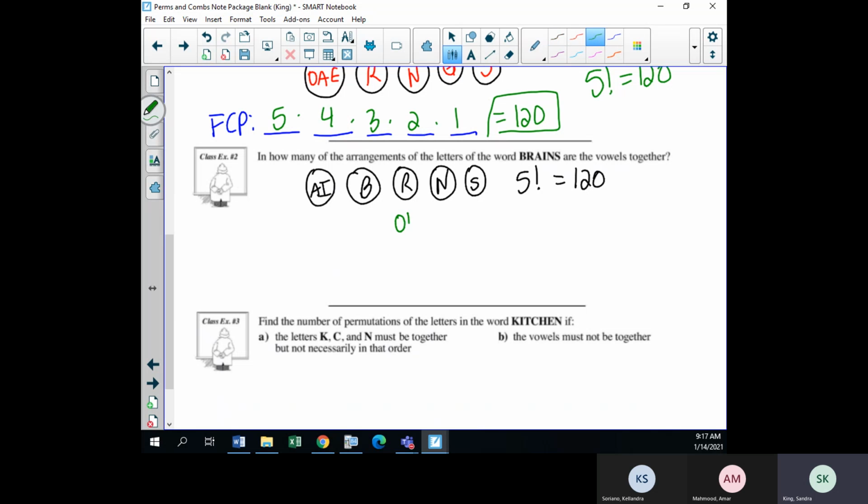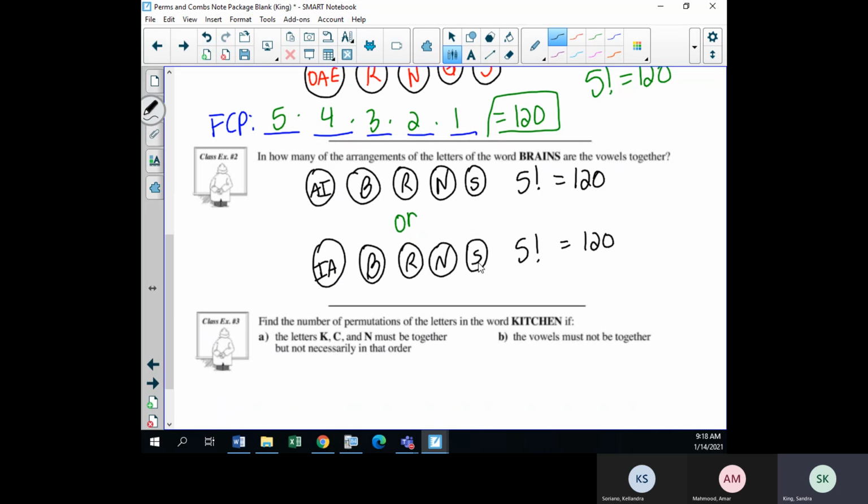Or what I could have, because they didn't tell me that the vowels have to be in a certain order, the vowels could be on a disc with AI, or they could be on a disc with IA. And then we would have B, R, and S. This arrangement would be 5 factorial, which is equal to 120.